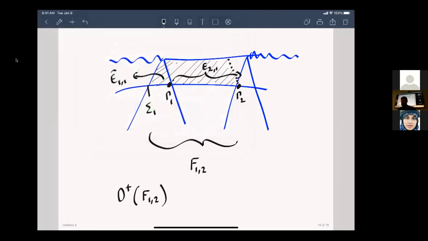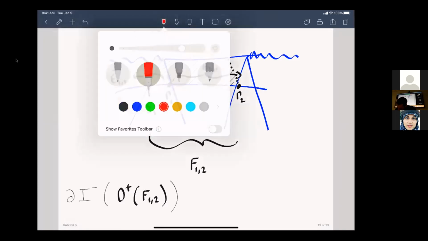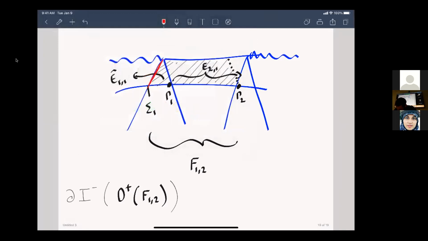The black hole, the event horizon in this context, is simply the boundary, as always, of the past of this region, right? But then that will include this boundary component, and it'll include this boundary component, correct?